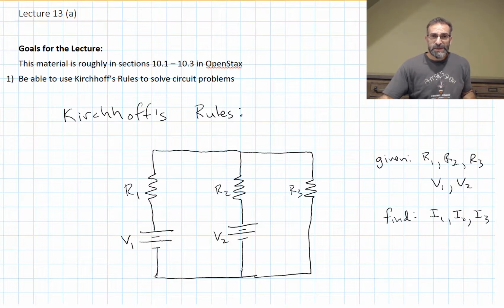And these rules aren't too difficult to apply, but there's a lot of little details. So if you pay attention to the details and the signs and the directions, it usually works out nicely in the end. Especially as your first attempt doing these problems, write out every step, don't skip, think about each direction and each sign, and make sure you understand why it is the way it is.